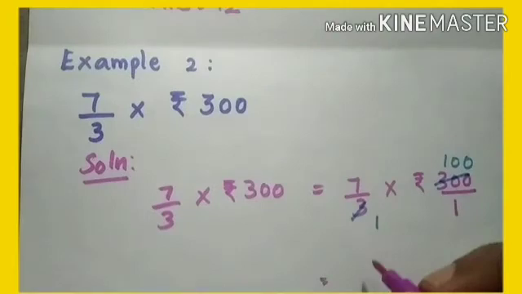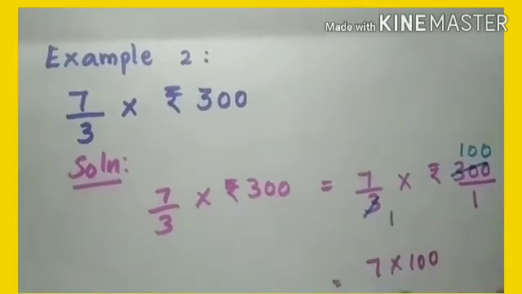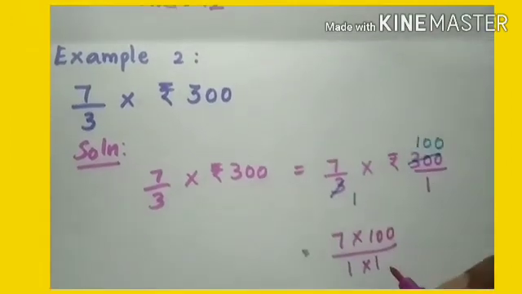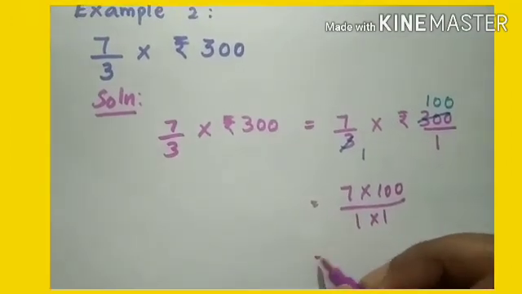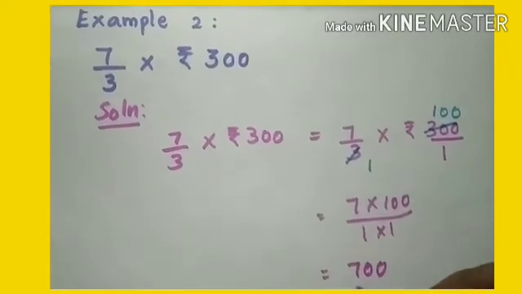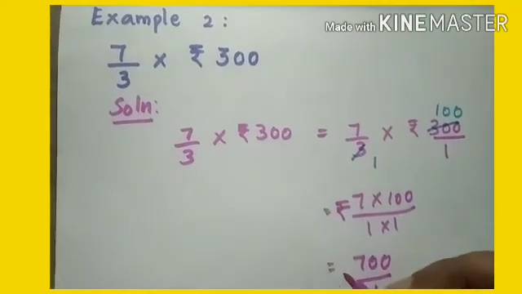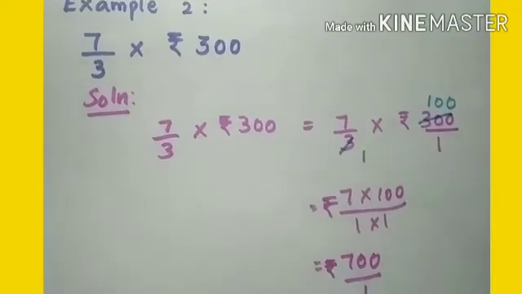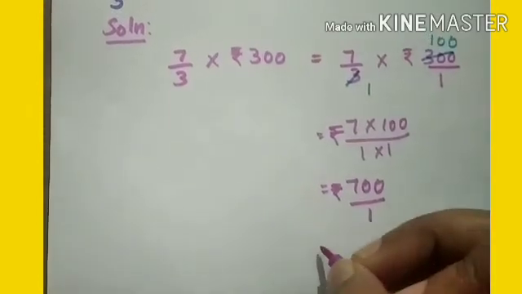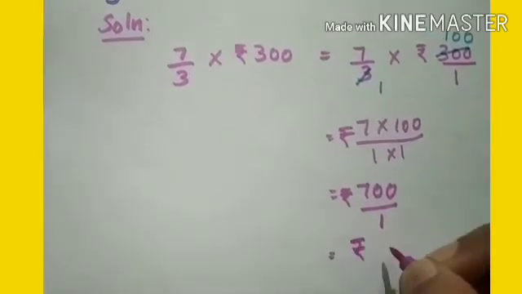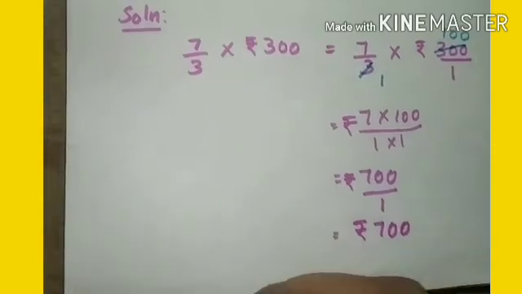Then multiply the numbers in the numerator separately, then multiply the numbers in the denominator separately, that is 7 into 100 divided by 1 into 1. Now multiply 7 by 100, that is 700, 1 by 1, that is 1. Now we get rupees 700 by 1, that we can write rupees 700. Answer is rupees 700.